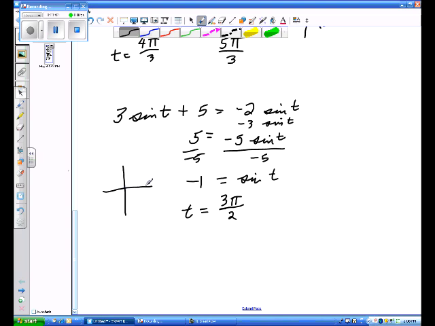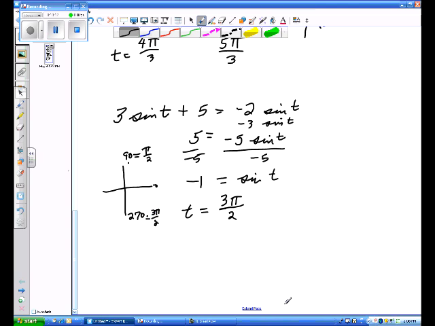We've got 0, and then at 90, which is pi over 2 in radians. Since we want our answer in radians, it's okay to think at 90, but then we need it in radians. And then at 270, we have the negative value. That would be 3 pi over 2, halfway between 1 and 2, 1.5. And so we're able to solve.